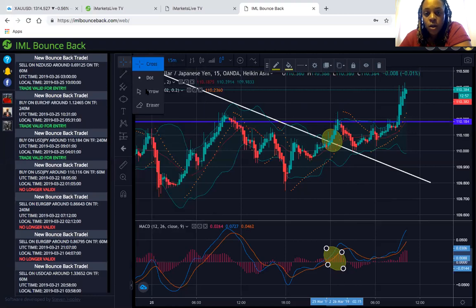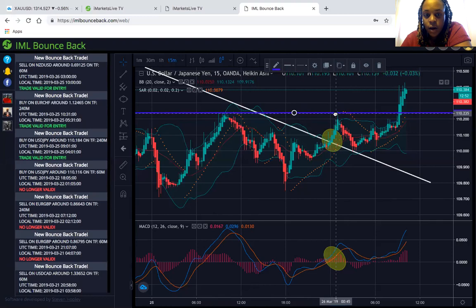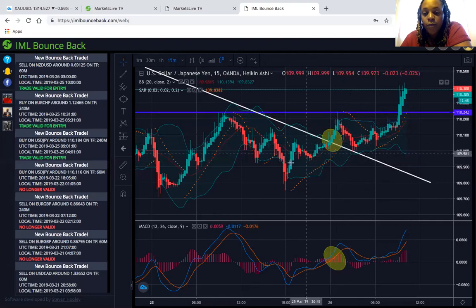So if you look here, I'm going to move this entry point and show you guys how here was an area of resistance. You can see how the market came up here and it bounced and did a reverse, right? And then we came back up again, bounced and did a reverse, touched our trend line, and then we did a continuation.